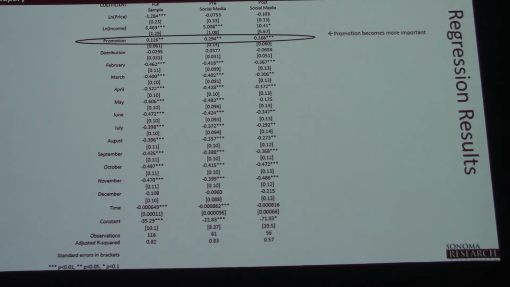So promotion is already a percentage, so you can say that for every 1% increase in wine sold on promotion, since it's already a percentage, for every 1 percentage point increase in wine sold on promotion, sales go up by 16%, something like that.